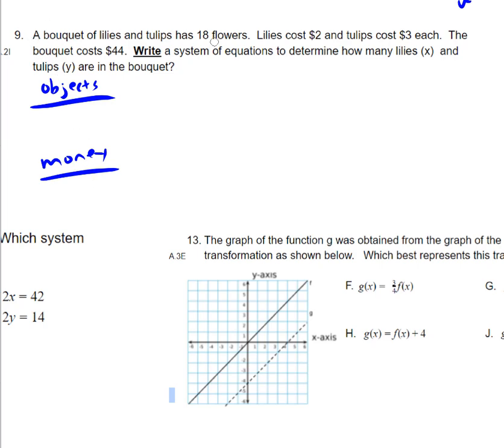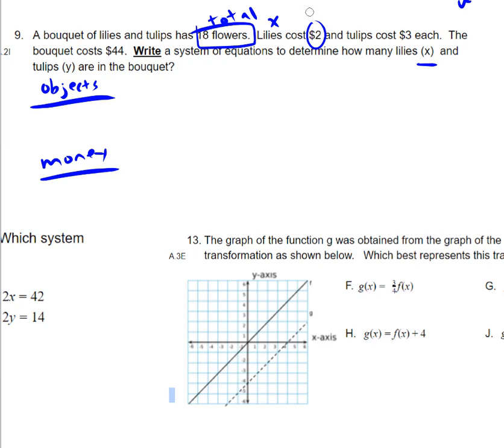So it says a bouquet of lilies and tulips has 18 flowers. Well, if it's 18 flowers, that sounds to me like it's a total of some sort, right? A total of 18 flowers. That's probably going to be the objects total. Lilies cost $2. Now, it said earlier that they want the lilies to be X, not L. They cost $2, and that's presumably $2 for each, right?